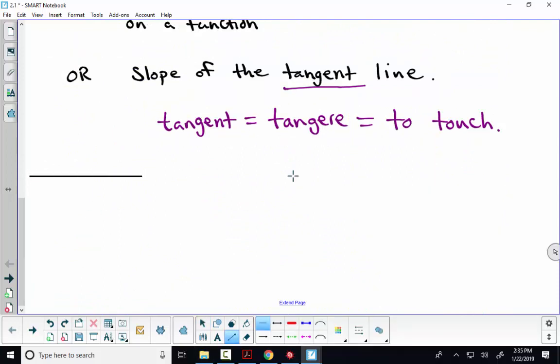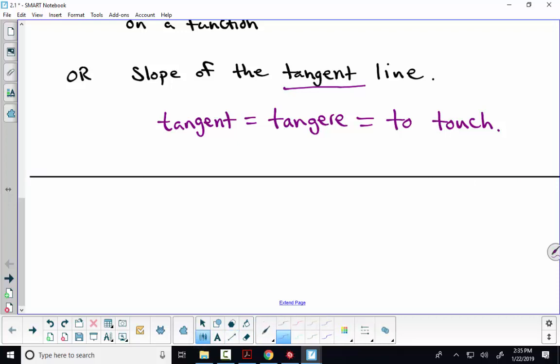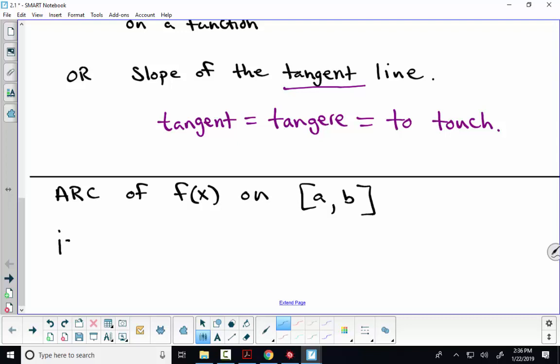Just trying to make some space here. Just want to remind ourselves of the average rate of change. So let's state it a little bit more formally. The average rate of change of f of x on some interval, let's call it AB, is what?